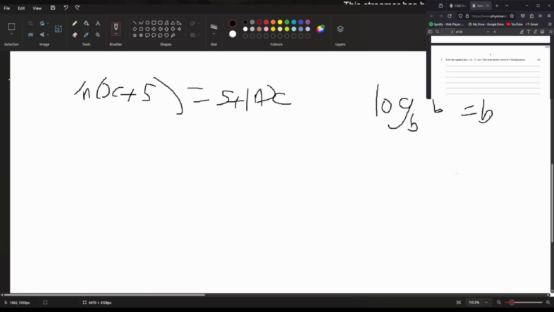Now, what this means is you set the base b, b to the power of x equals 5, right? We'll go back to, what was it?